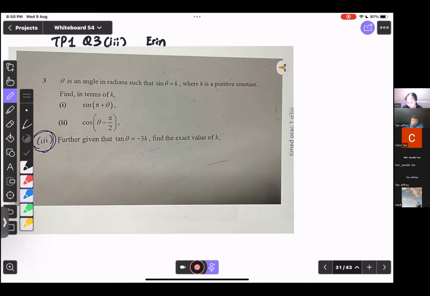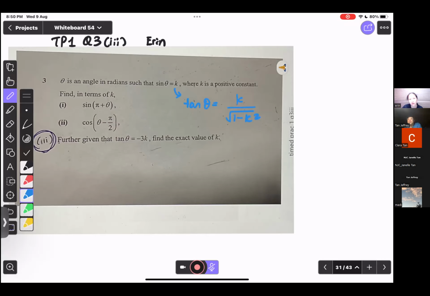Wait, you use part 1. So from part 1, you got tangent theta equals k over square root 1 minus k squared. But how do you know that tangent theta is positive? You may not know it.